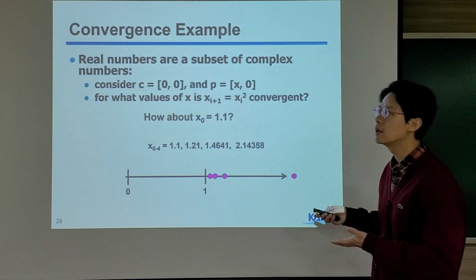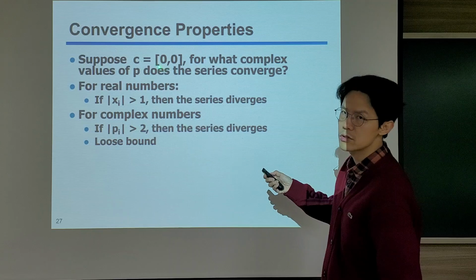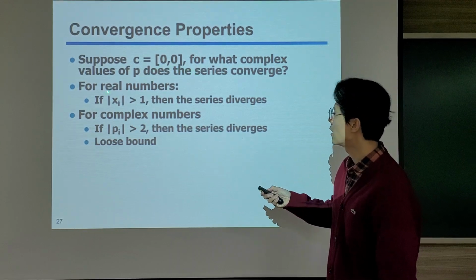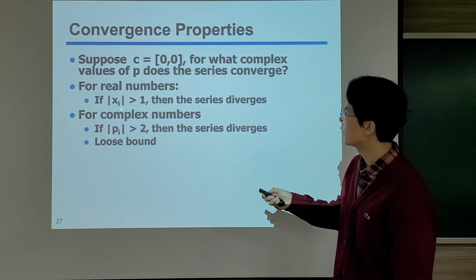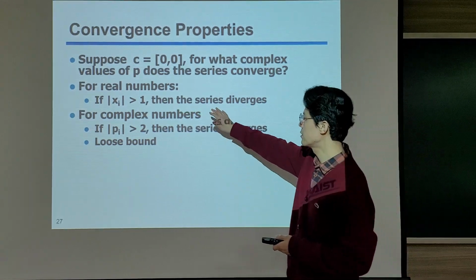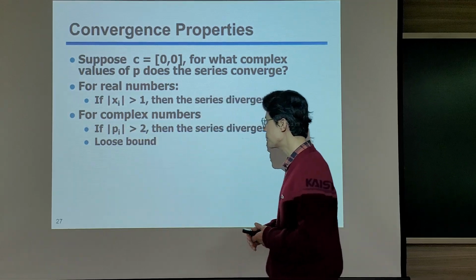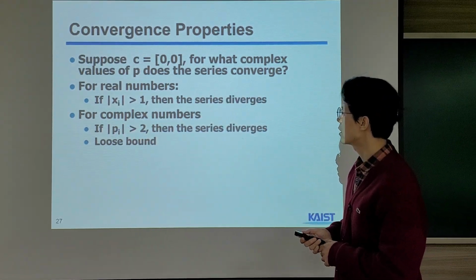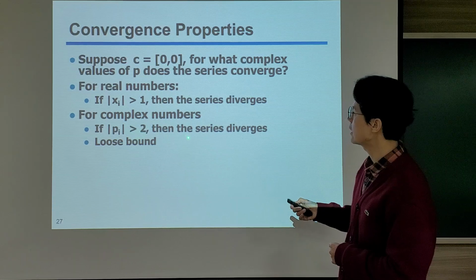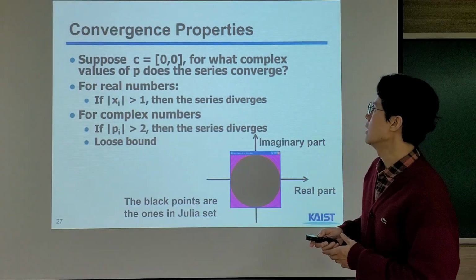We know that, right? So when c is (0, 0), for a real number whose magnitude is bigger than 1, the series diverges. For a complex number p, if the magnitude is bigger than 2, then the series diverges. Actually, this 2 is a loose bound.